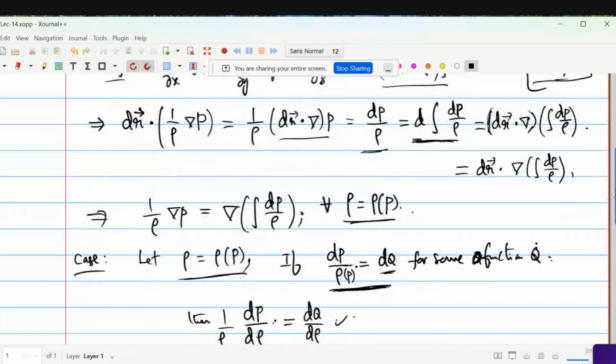If the density depends only on the pressure, that is a barotropic fluid: a fluid with density only a function of pressure.